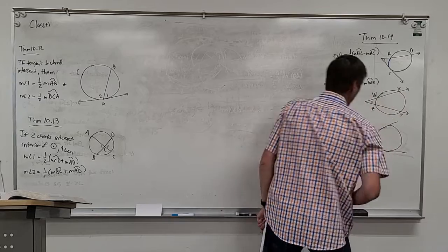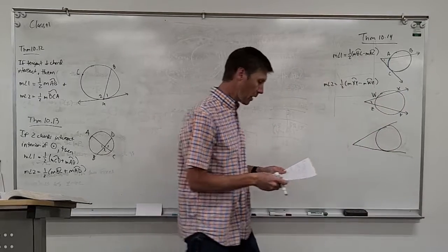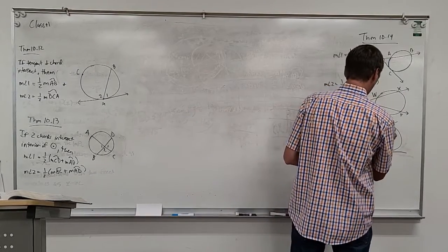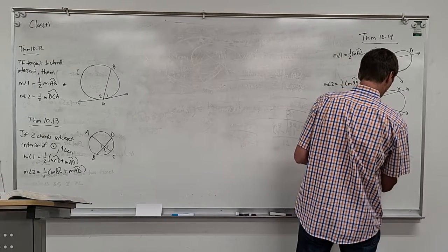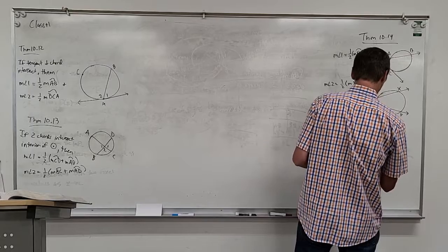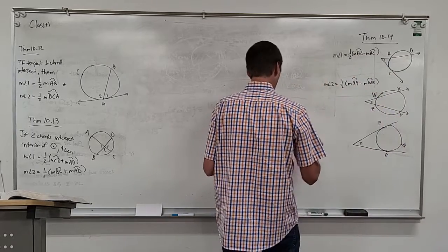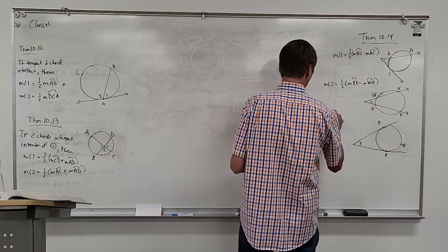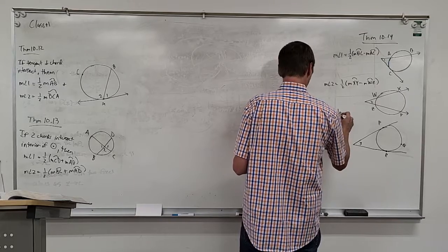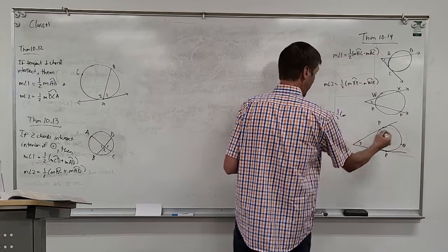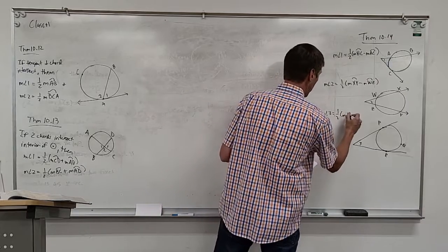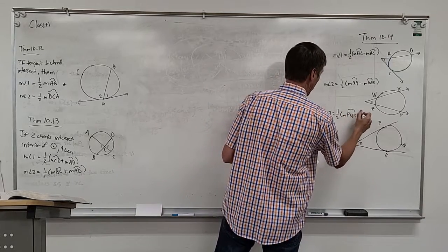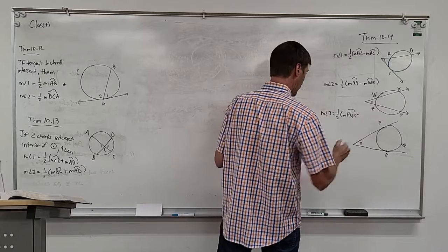There we go. We're going to put a point P right here, point Q right here, and a point R right here. We'll label that angle 3, and then we can say that the measure of angle 3 is equal to 1/2 the measure of, again, the big arc, which is PQR, minus the small arc, which is just PR.